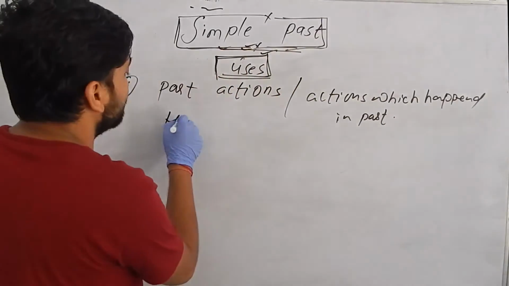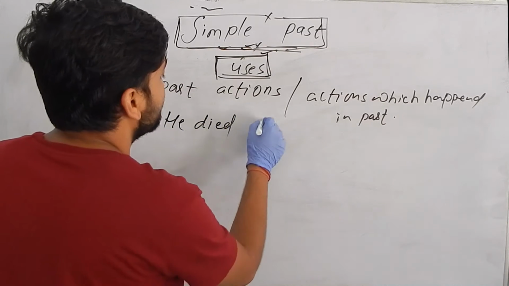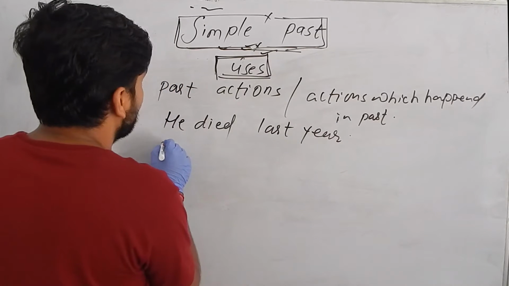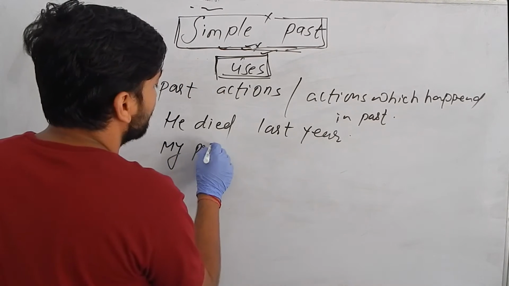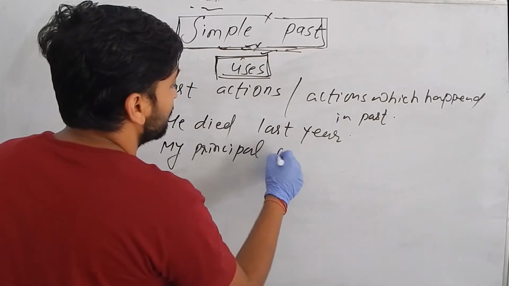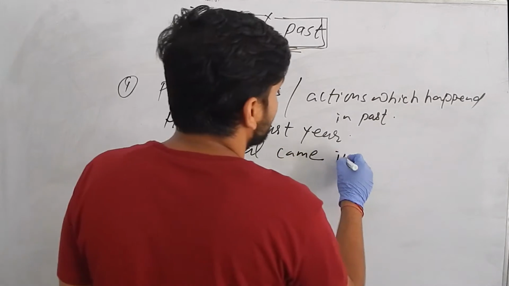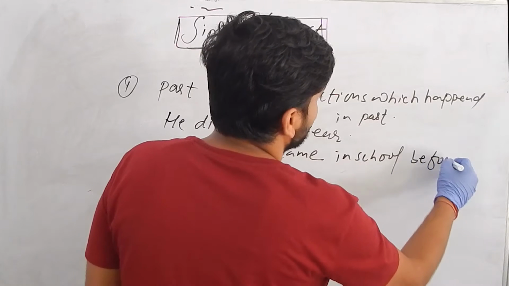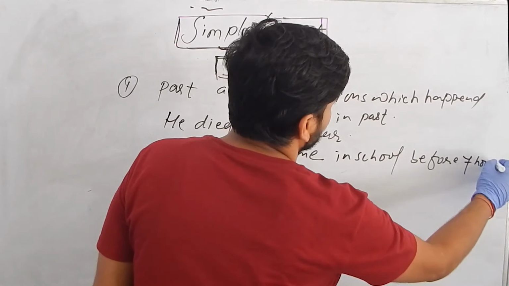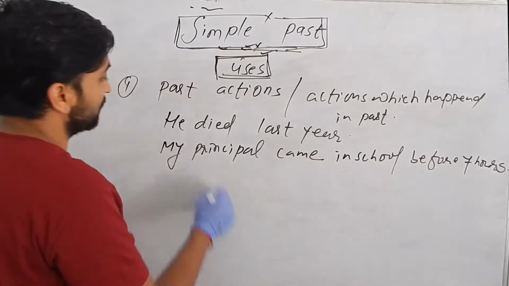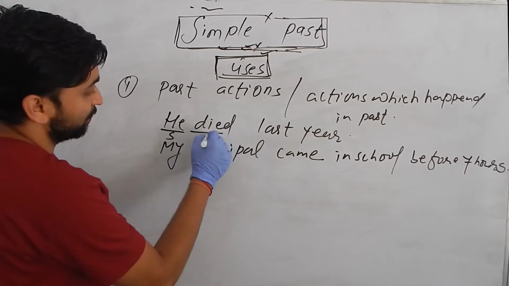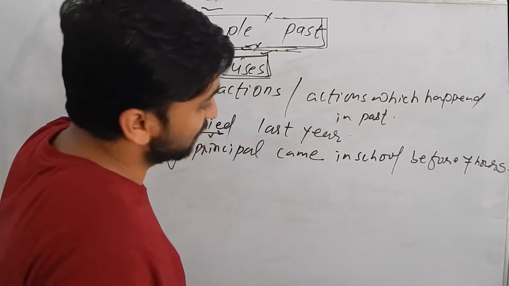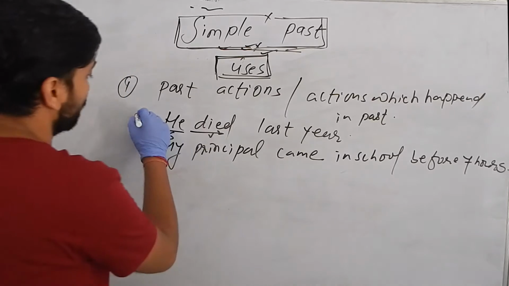Like when you say, he died last year, or my principal came to school seven hours before. These are examples of simple past, subject plus V2. इसलिए बितेको समयमा कुनै काम भयो. This is one of the uses.